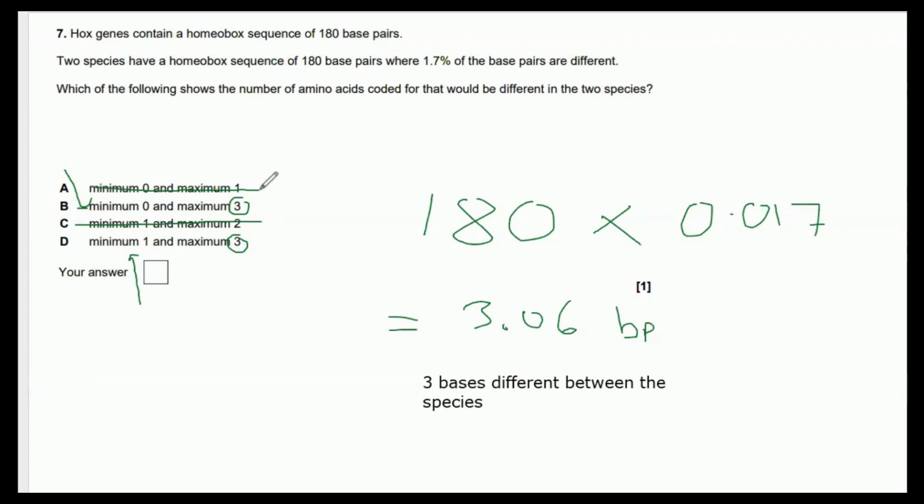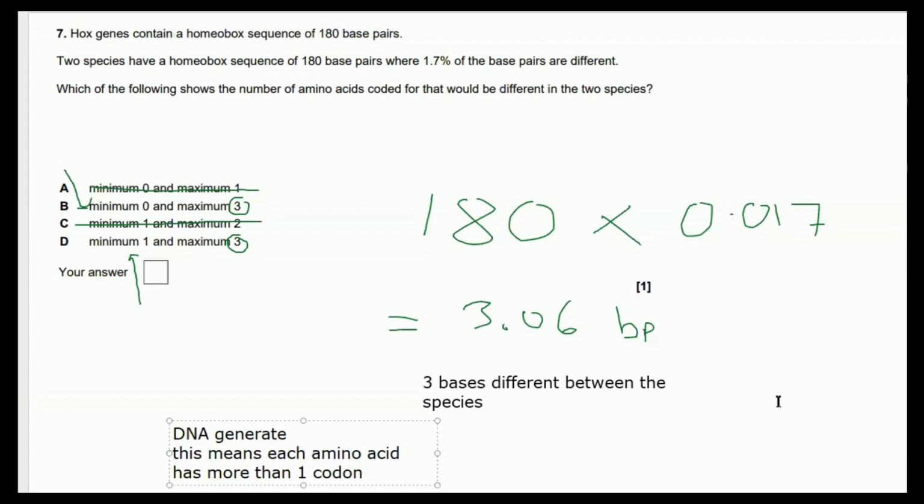Well, we know that DNA is degenerate. So hopefully you know what that means. DNA is degenerate. This means each amino acid has more than one codon or triplet code.